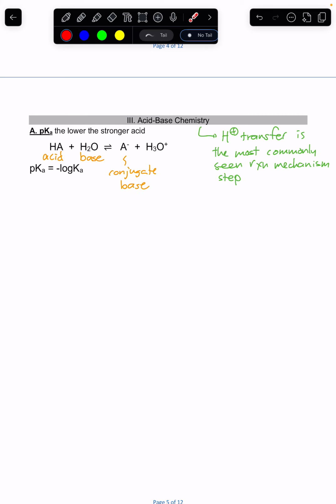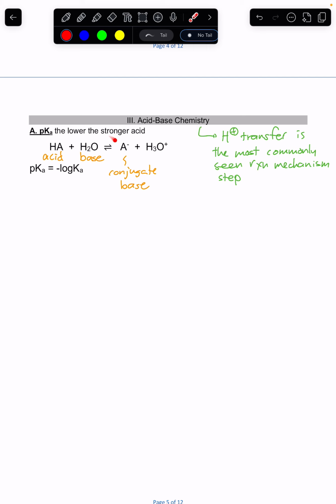And then this would be called the conjugate base. The reason why it's called a base is because in the opposite direction, this is reversible, A minus would pick up a proton to become HA. So in the other direction it's acting as a base, and it's the conjugate base because it's the reaction pair with this acid molecule.